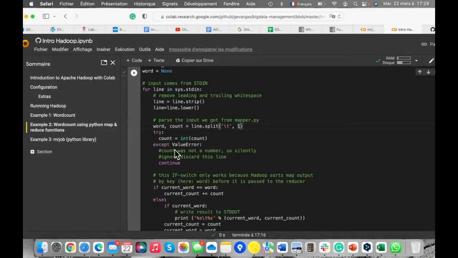So the error comes from which process? Never know.